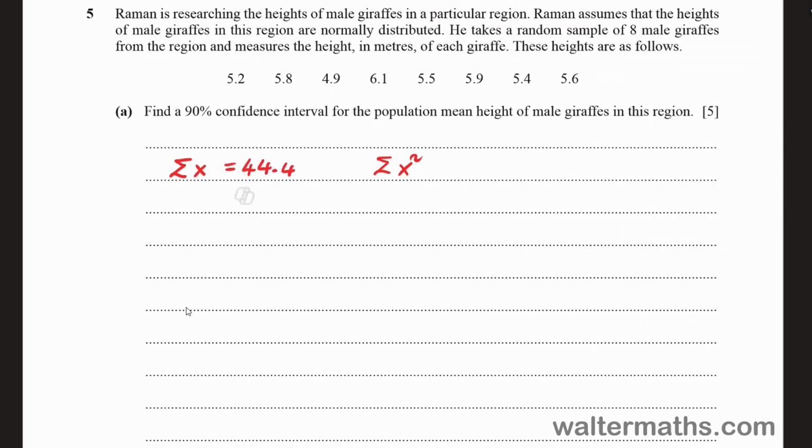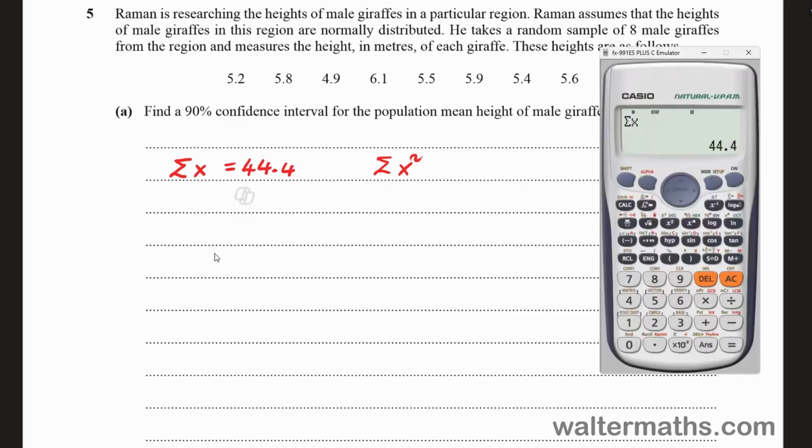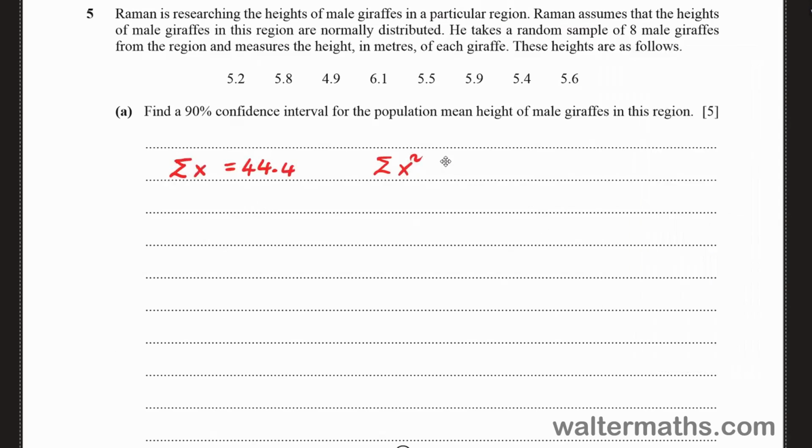And for the sum of squares, I'll do shift 1, 3, option 1, 247.48. So that's what we have right here. I'm going to calculate as well the sample mean, which we find by sum of x over n, right?